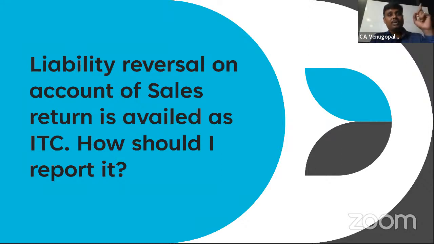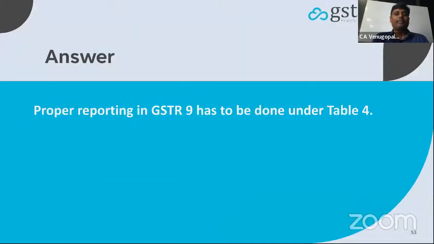Like earlier, where we have seen purchase return paid liability, now for the sales return, I have paid it as tax. You have to do a proper reporting in GSTR 9. Table 4 talks about liability. For the sales return, you net it off and reduce it in your table 4. So the liability will be a lower figure. Table 9 payable will be a lower figure.